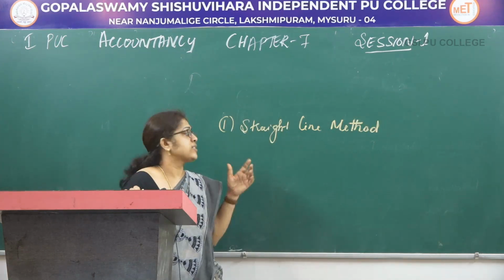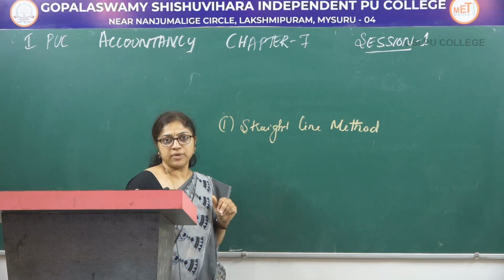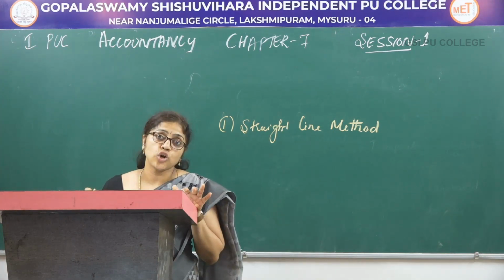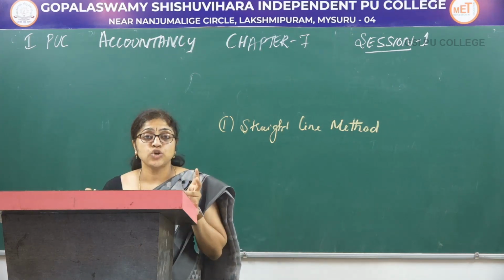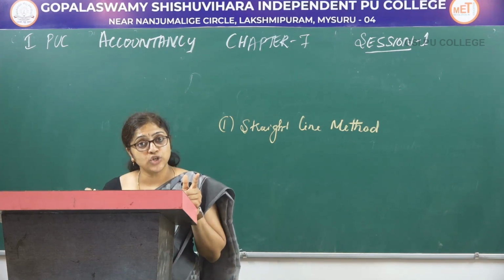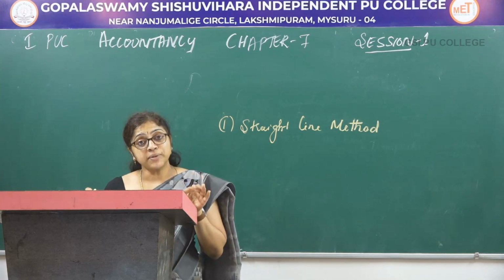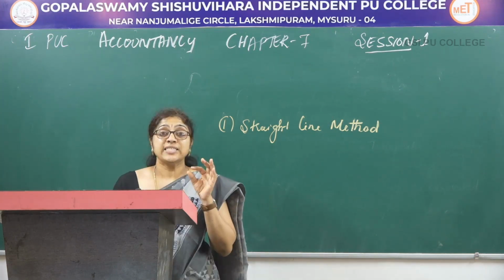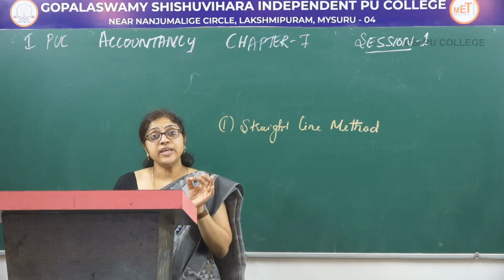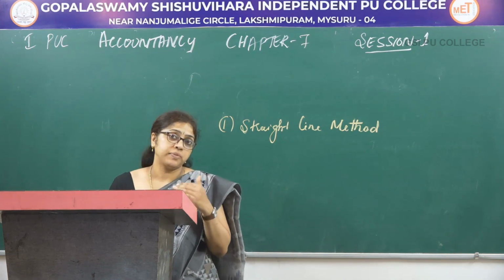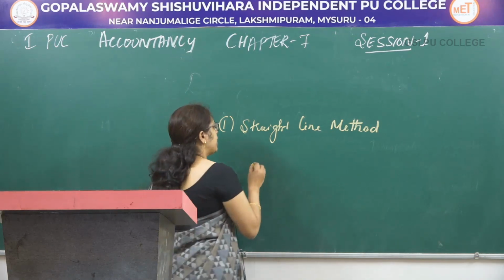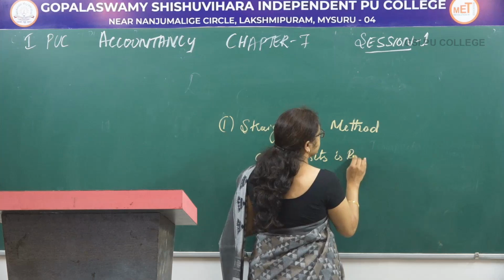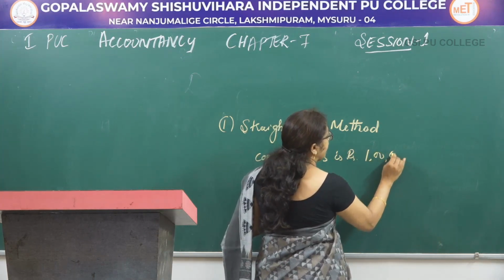In this session, let us know about the straight line method. This method is also known as fixed installment method, equal installment method, original installment method. Under this method, a fixed percentage of original cost is written off every year as annual depreciation. For example, the original cost of assets is rupees 1 lakh.